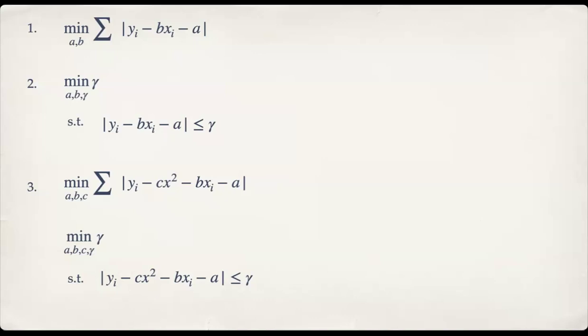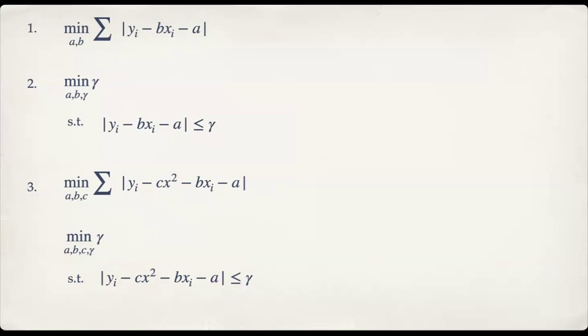We collect all the positive deviations by summing them. Then we find the a and b that obtain the minimum sum of positive deviation.